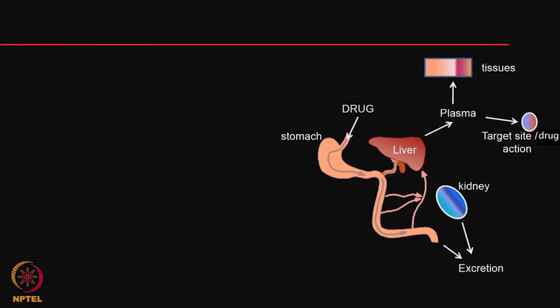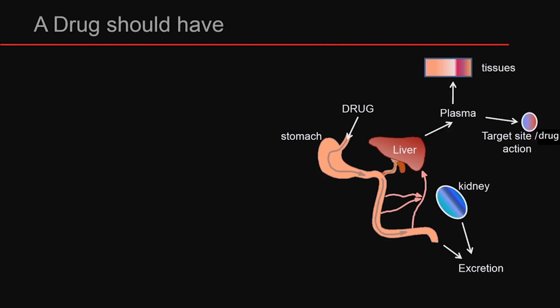Because it is taken inside the human body, it is consumed by all of us mostly orally, because a large number of drugs are consumed orally when compared to intravenous or intraperitoneal. The drug should have good activity, and it should have selectivity for a single target.